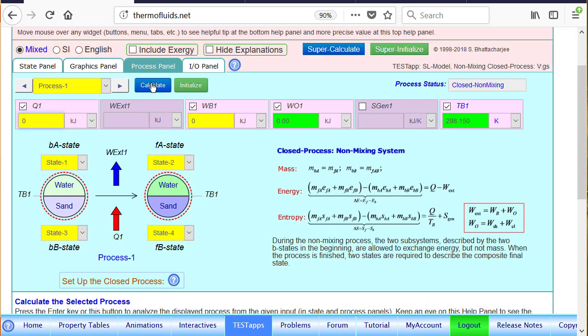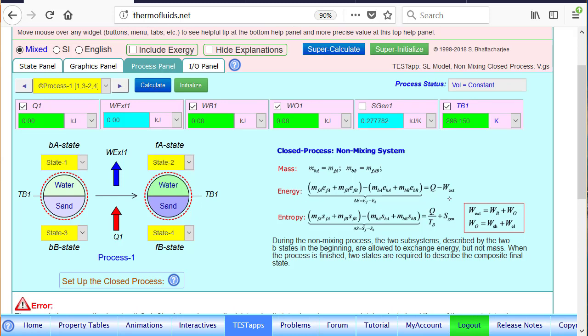Now if I do a calculate, look, the energy equation gets solved. Q and W are 0. There is no external work, there is no heat transfer. And now, for the final mass, you will find that there are only two unknowns, but on top of that, the mass equation provides another equation.